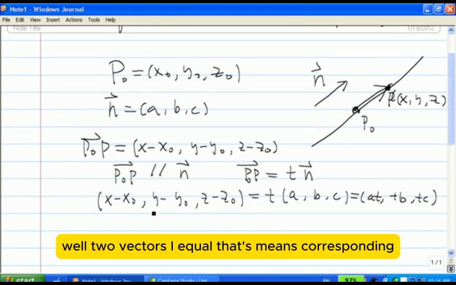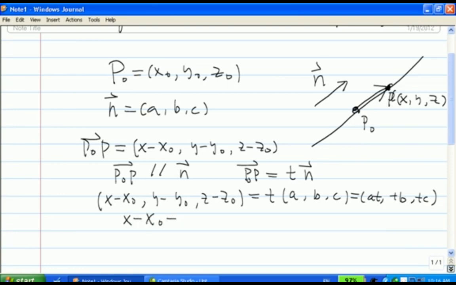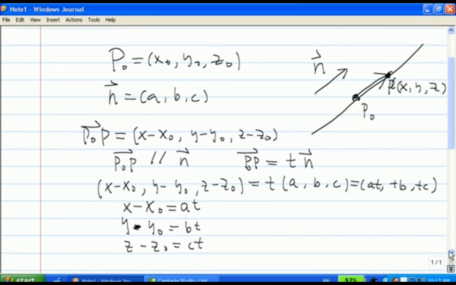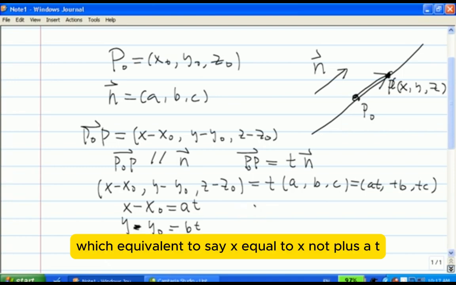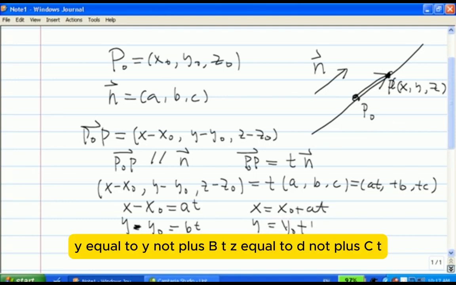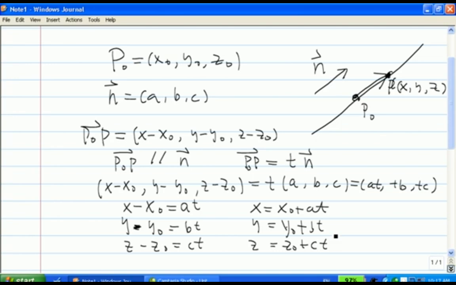We have two vectors that are equal. That means corresponding components are equal: x minus x0 equals at, y minus y0 equals bt, z minus z0 equals ct. This is equivalent to saying x equals x0 plus at, y equals y0 plus bt, z equals z0 plus ct.